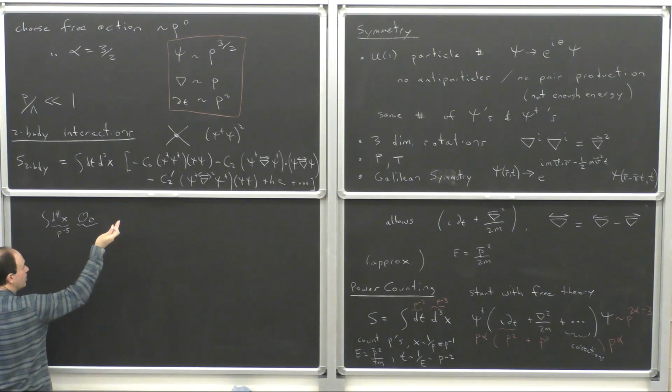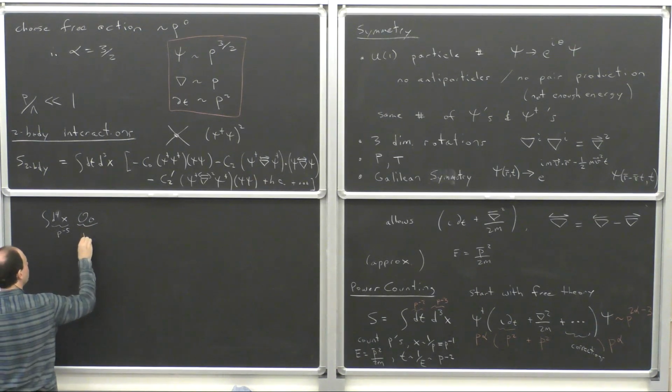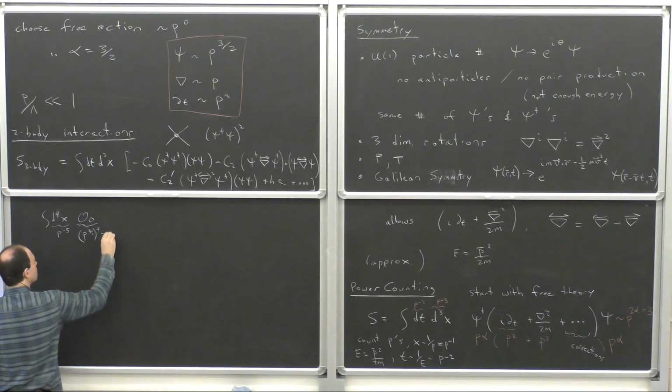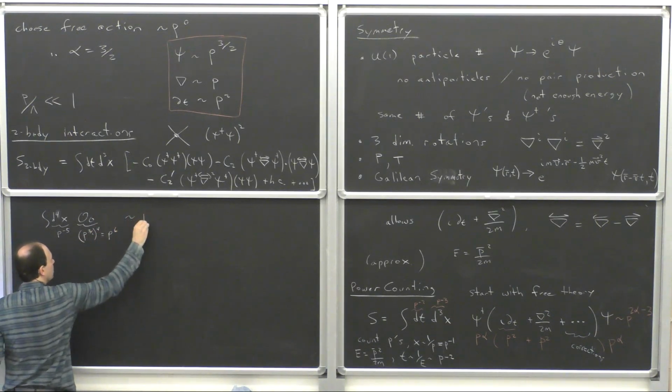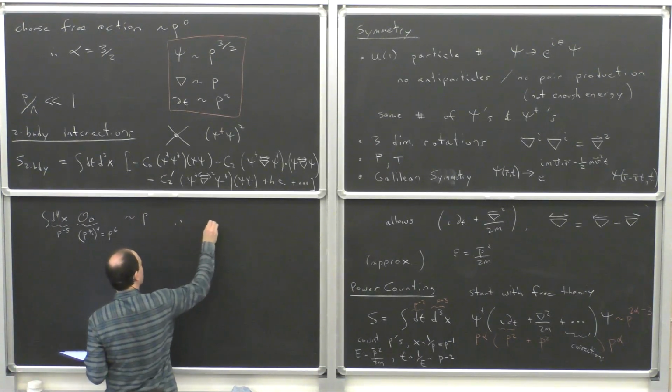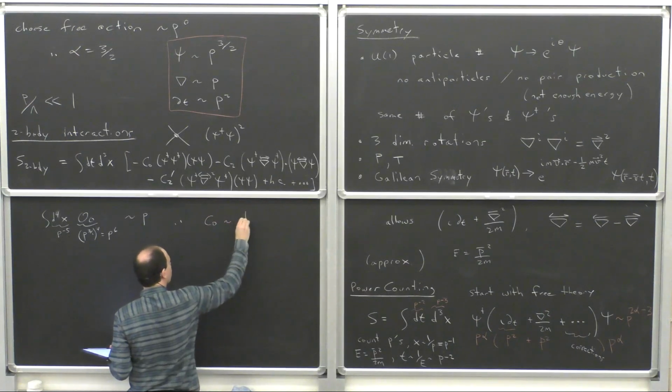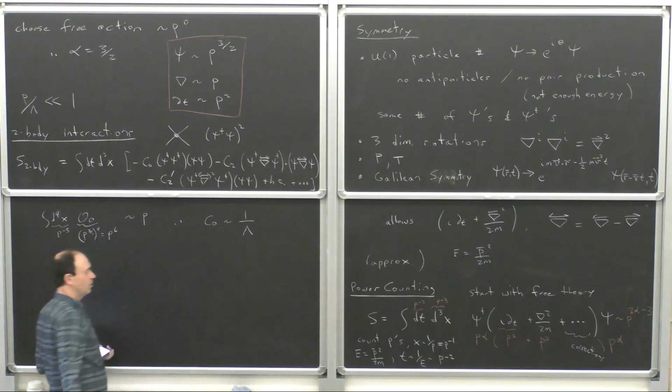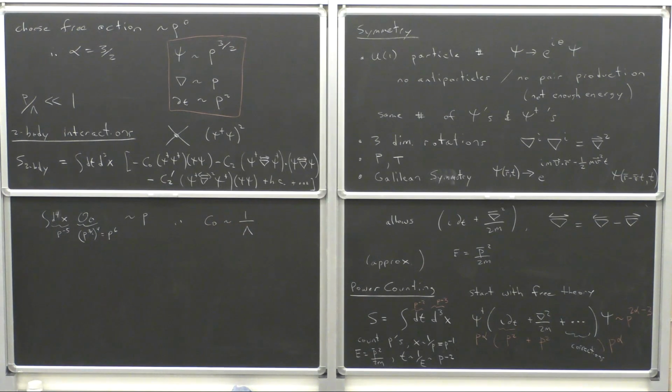Each of the psi's is 3/2. 3/2 to the 4th power is 6. So this is p. Therefore, C0 will go like 1 over lambda. It's a p over lambda expansion, so we expect that there's a lambda inside the C0.